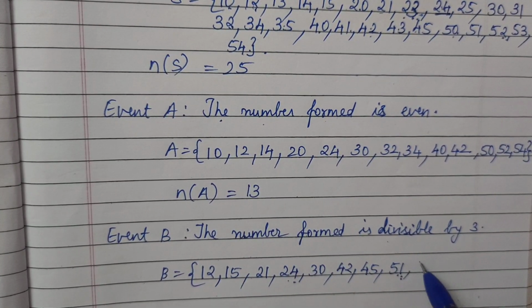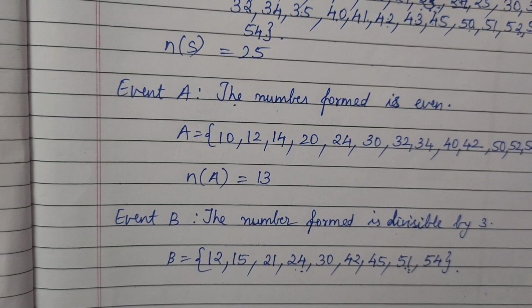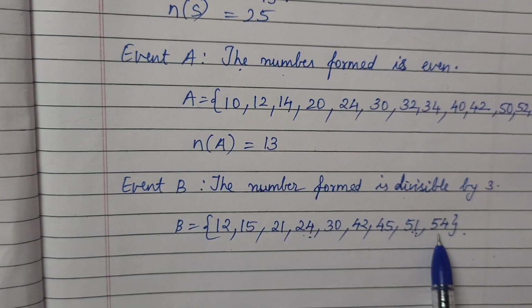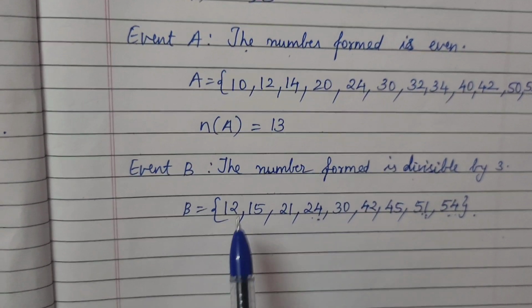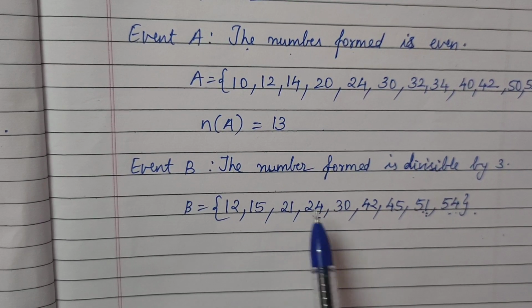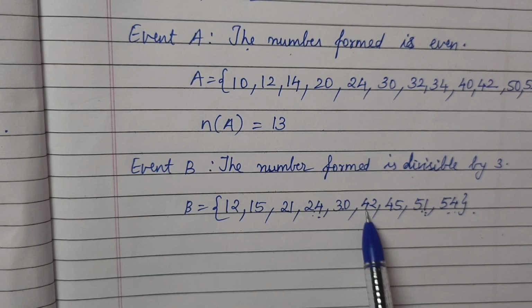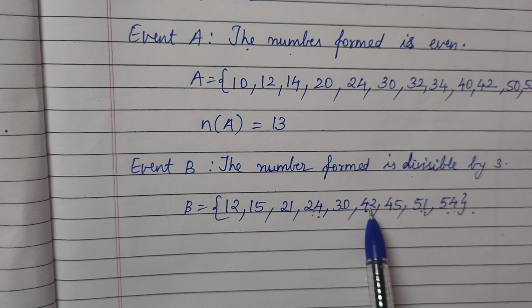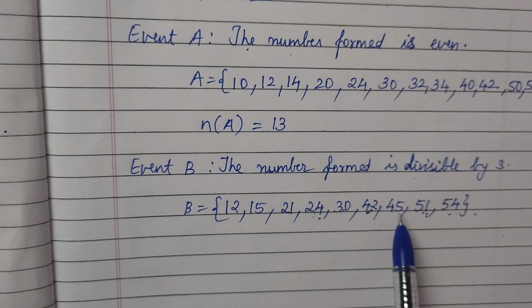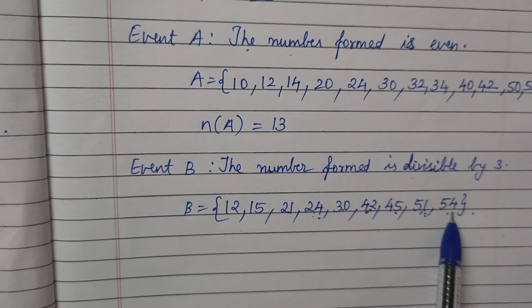Okay. 54. So I hope this also goes in what? 18 3s are 54. See, you can check. 3 4s are 12, 3 5s are 15, 3 7s are 21, 3 8s are 24, 3 10s are 30, 3 13s are 39, 3 14s are 42, and 3 15s are 45, 3 17s are 51, and 3 18s are 54.